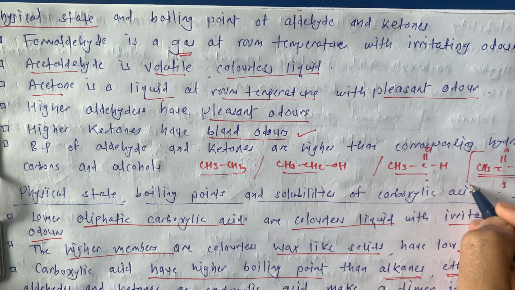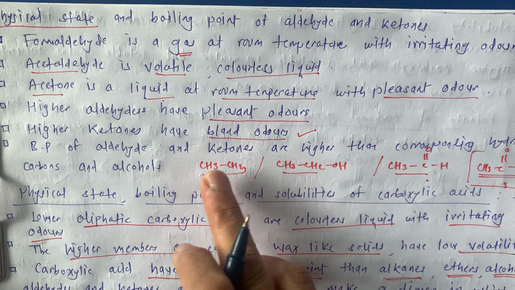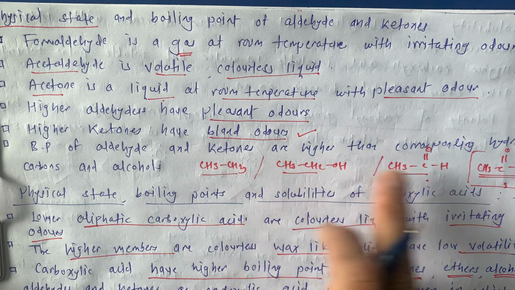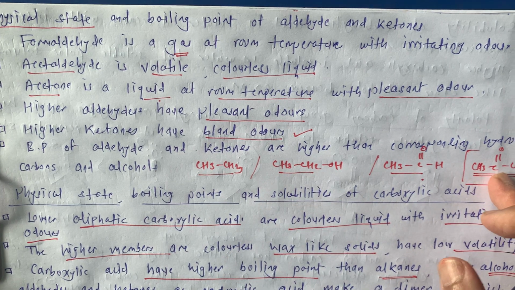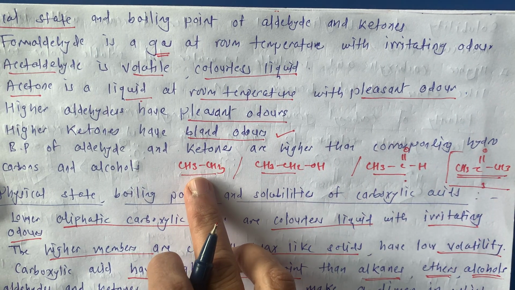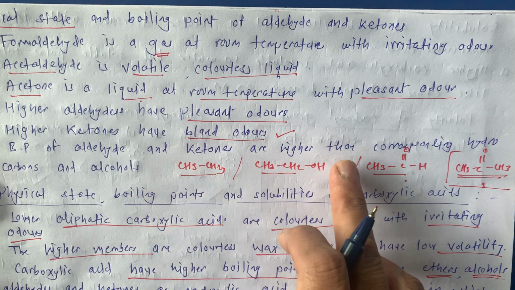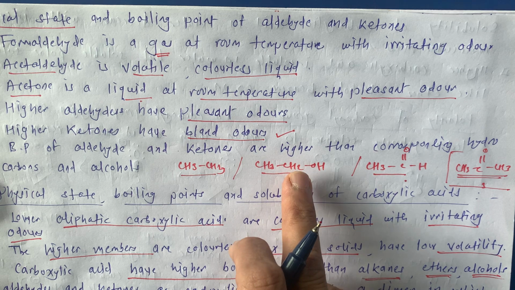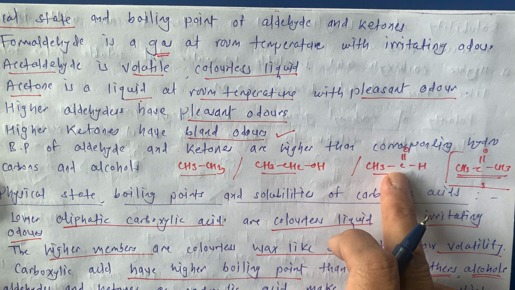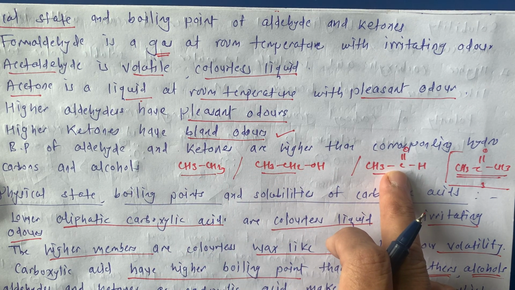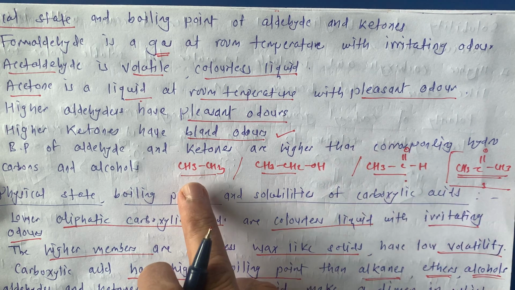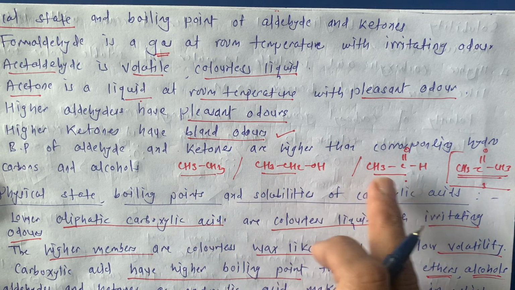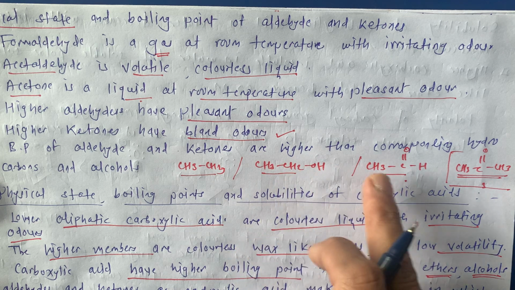We are not going to compare this one now, because we have to take another hydrocarbon and another alcohol for this 3 carbon compound. Okay, so here in our textbook it is given that these hydrocarbons and alcohols have a lower boiling point than the aldehyde. We are now going to see the reason for this comparison between hydrocarbon, alcohol and aldehydes.